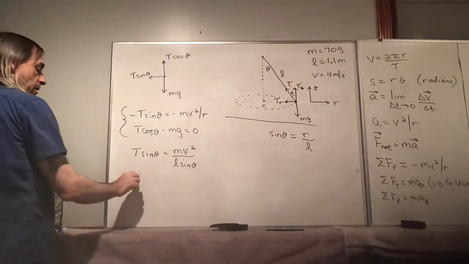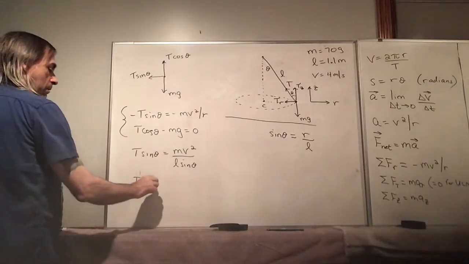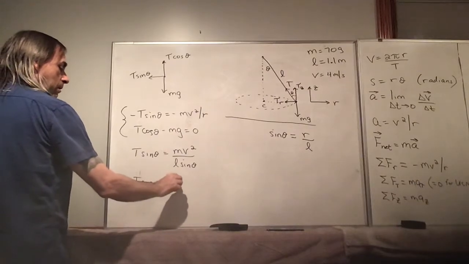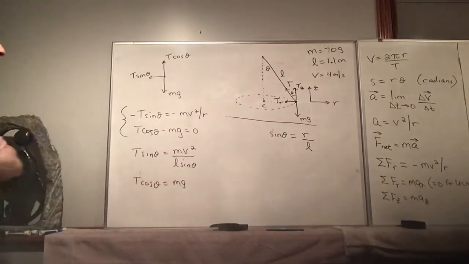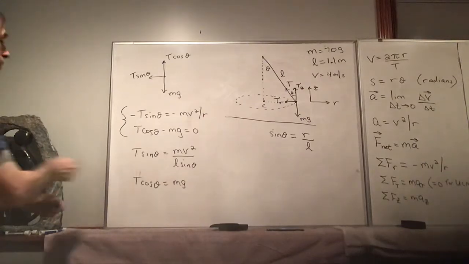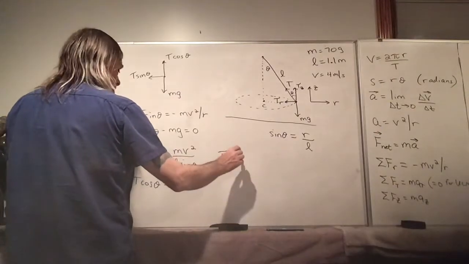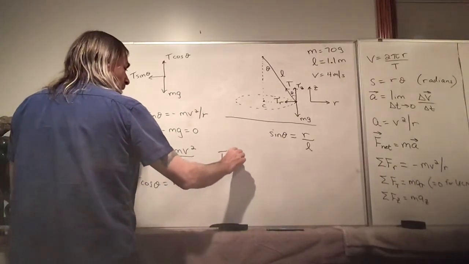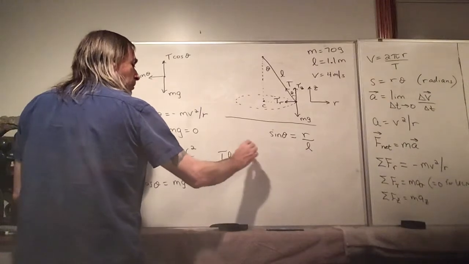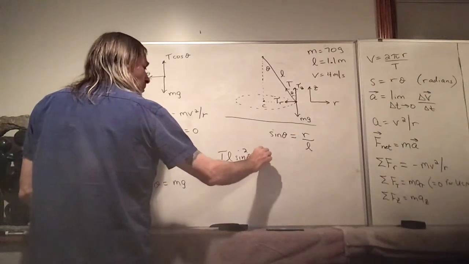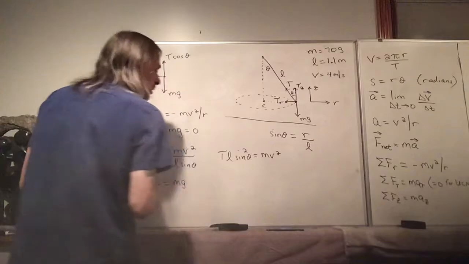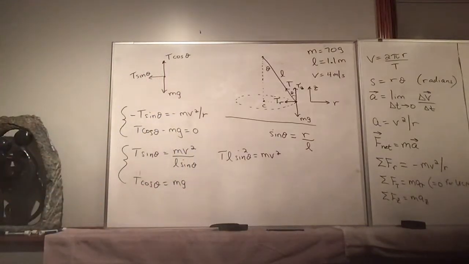And then we have T cosine theta equals mg. So what we have is T L sine squared theta equals mv squared. And actually, I think we might be able to solve this.